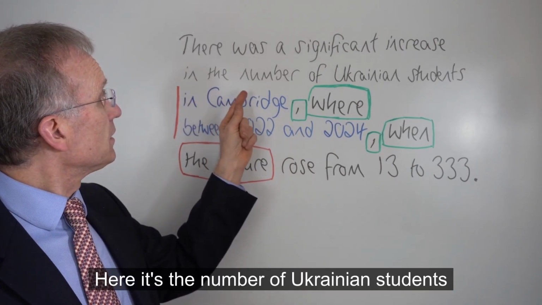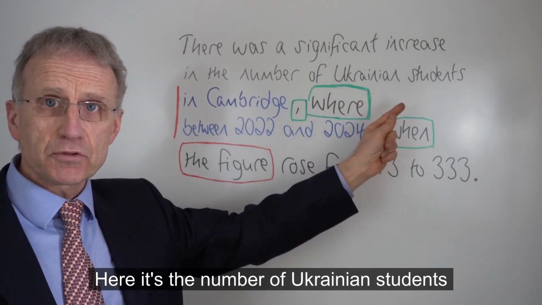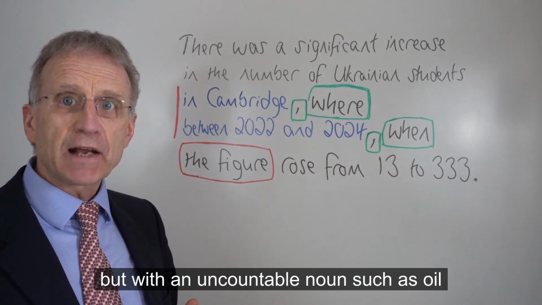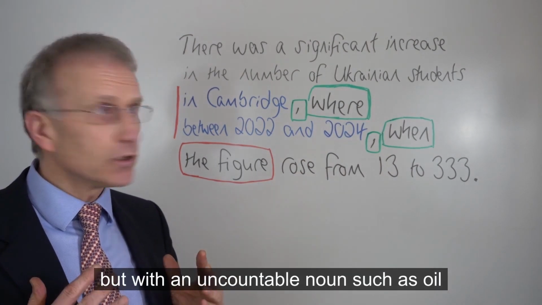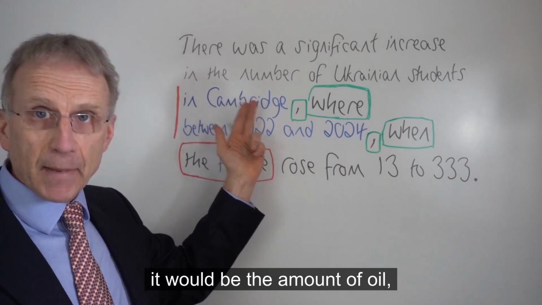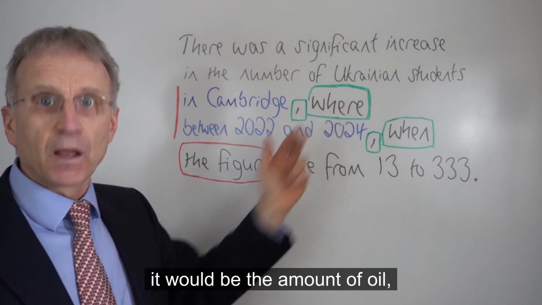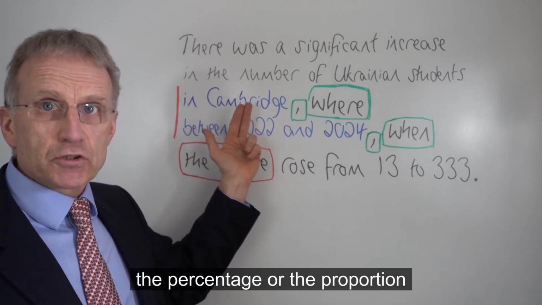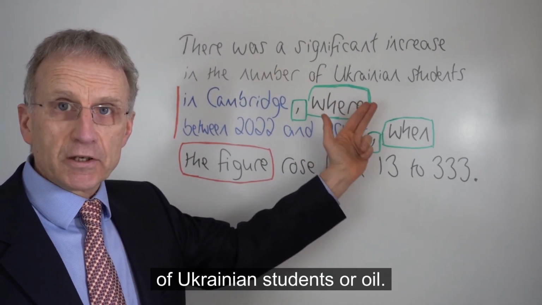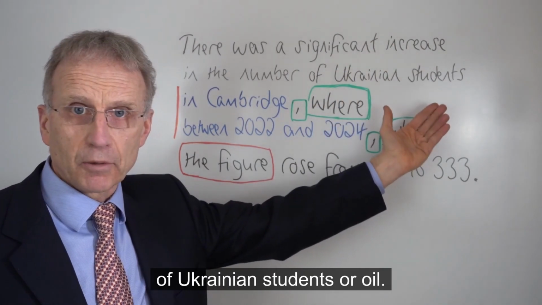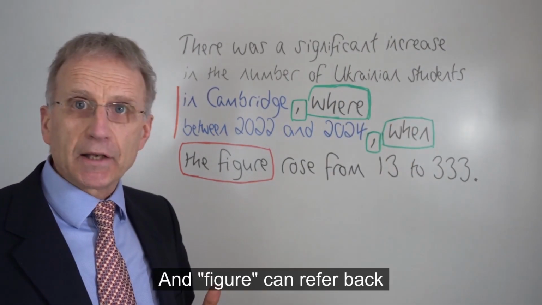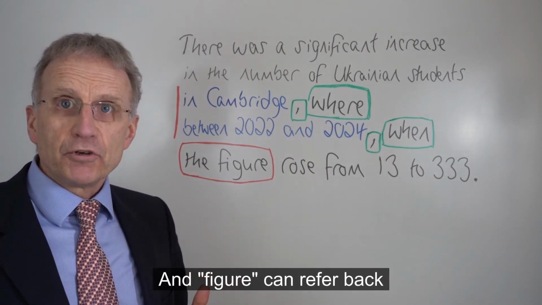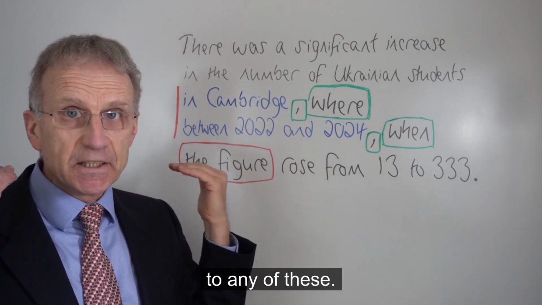Here it's the number of Ukrainian students, because students are countable, but with an uncountable noun such as oil, it would be the amount of oil, and with a percentage, it would be the percentage or the proportion of Ukrainian students or oil. And figure can refer back to any of these.